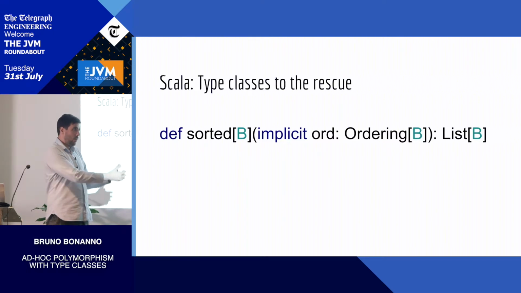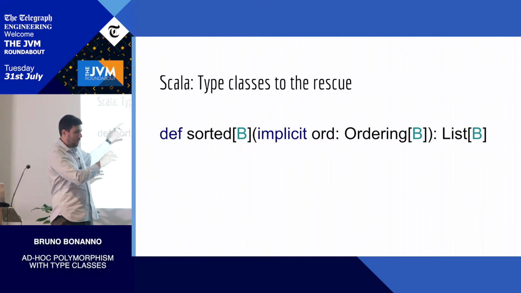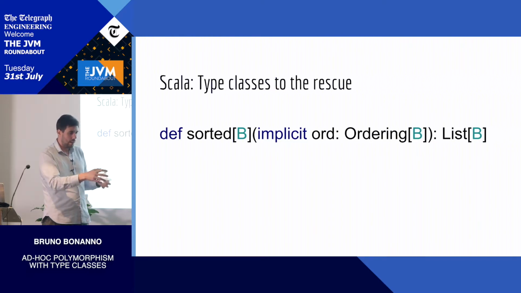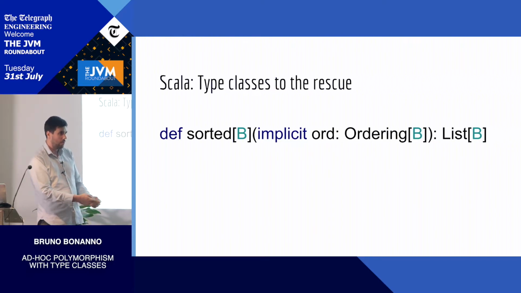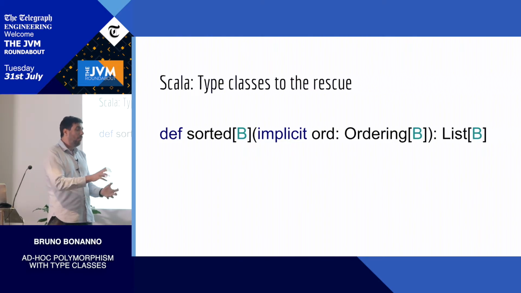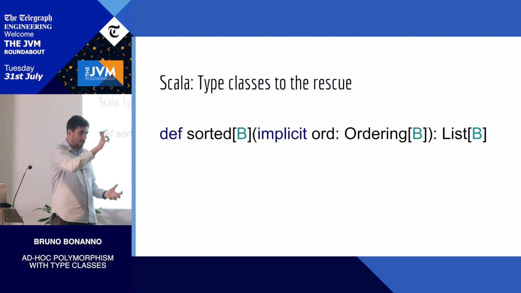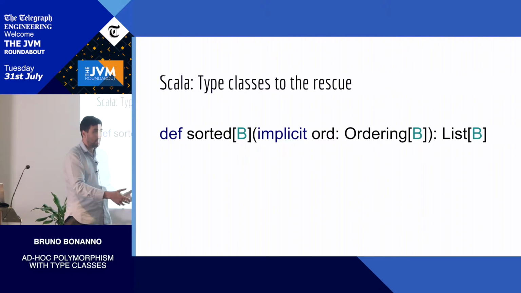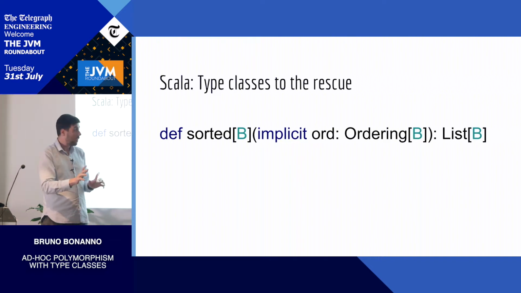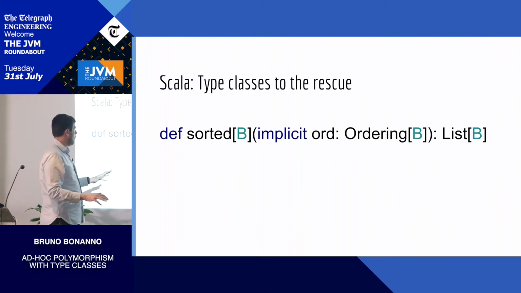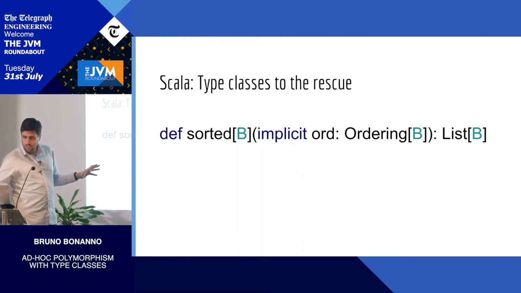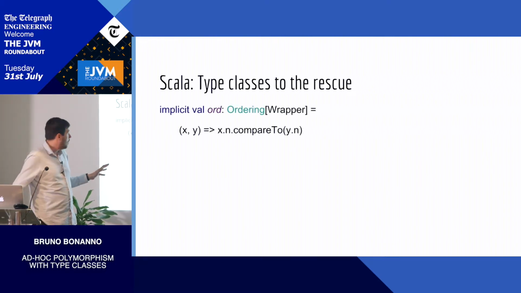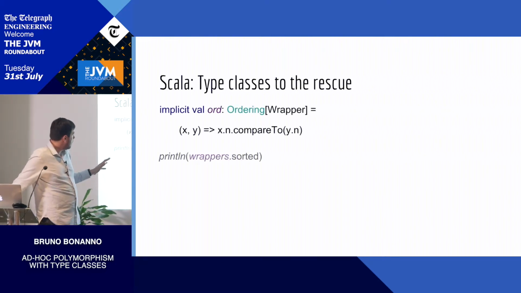So in Scala, when we sorted an integer or a string, it's not working like in Java, under the hood trying to figure out if it is comparable or not. The compiler, for us, sticks in an ordering of type string or type int automatically because it knows about those. And we will get to how it does that. But let's see how this would work in a very simple example.